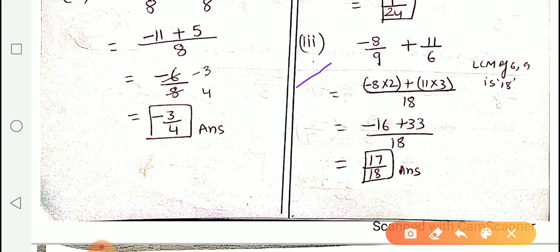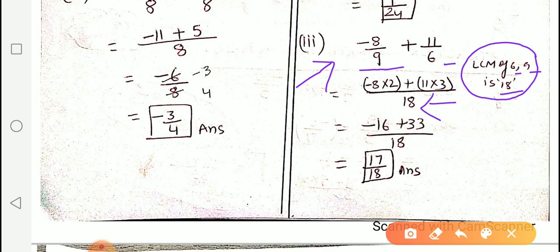Here is the third part. In this we have to add negative 8 upon 9 and 11 upon 6. Again our first step is we will take out the LCM of denominator. Then LCM of 6 and 9 is 18. Here we will write the denominator equal to LCM. Now we will see by which number we should multiply 9 to get 18.